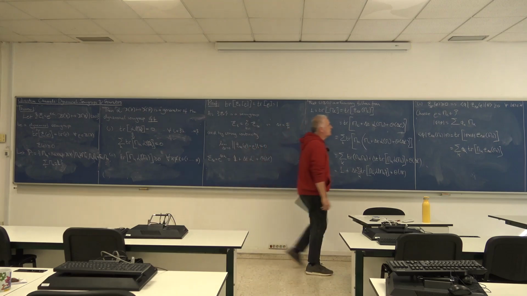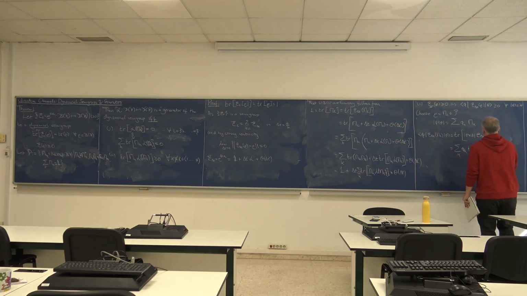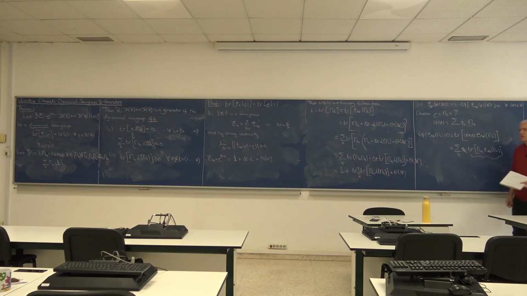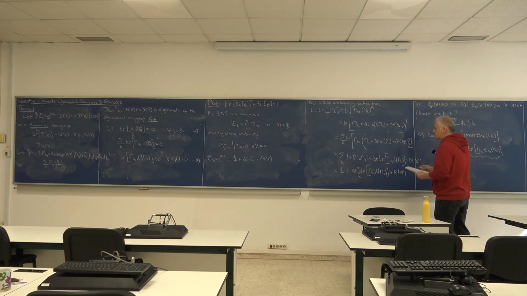So I only need to prove that this guy has to be positive, okay? And if I use the same expansion as I did here, what I get is that this is equal to, so I'll do it for 1k, right?